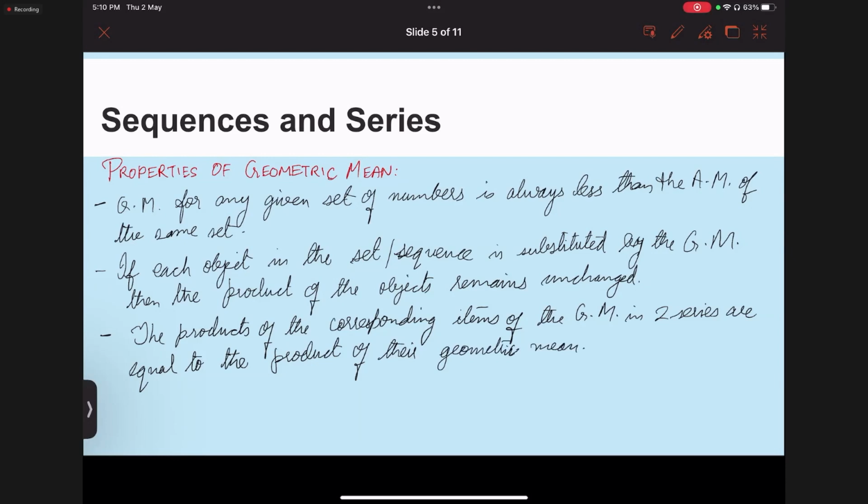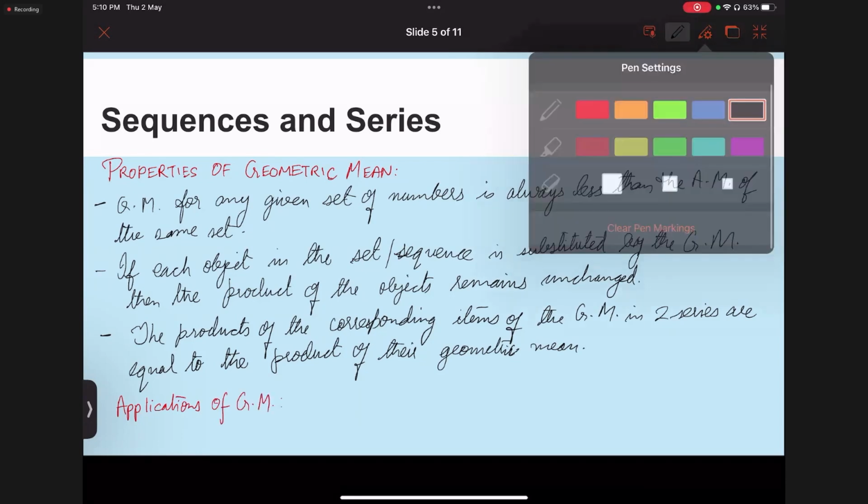Obviously, if we want to know what are the applications of geometric mean, why do we need the geometric mean? Applications, just to give an understanding of the importance of it in your day-to-day life.